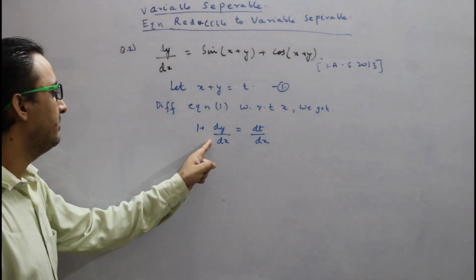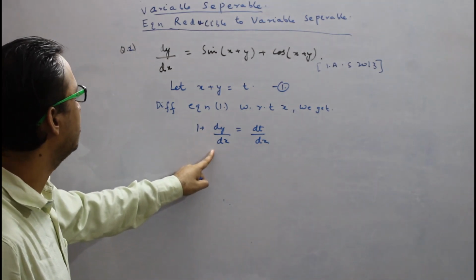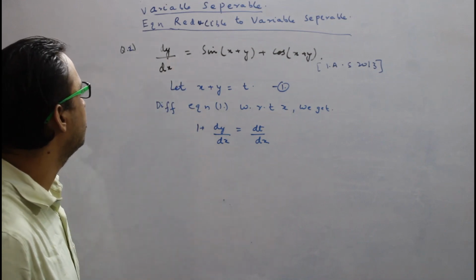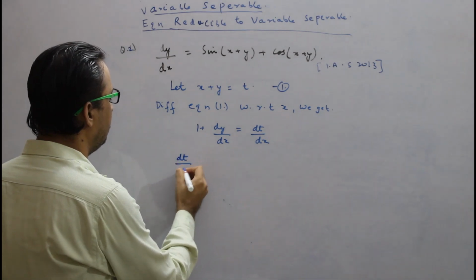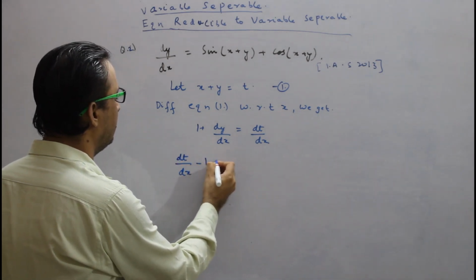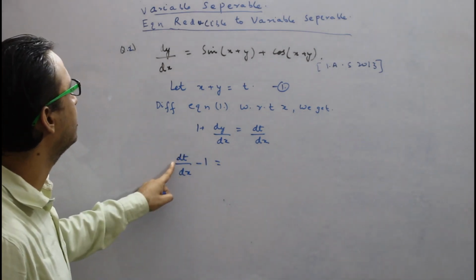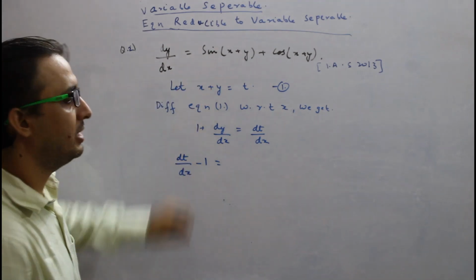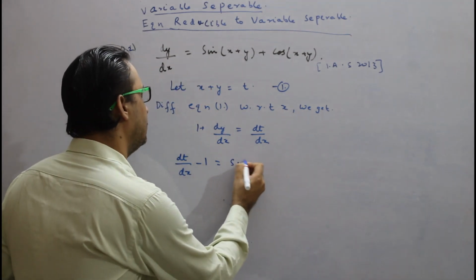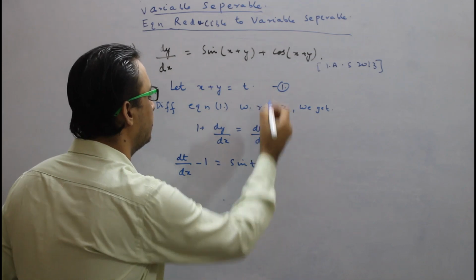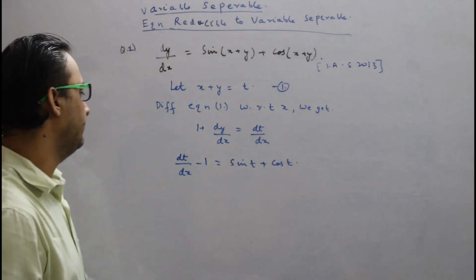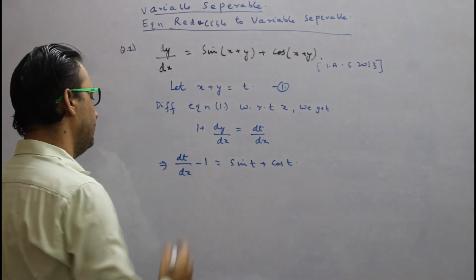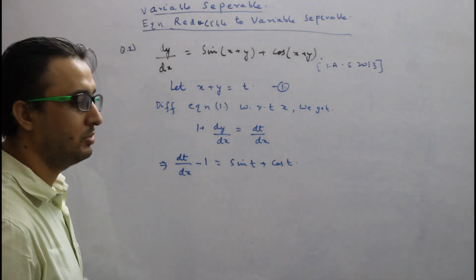So now I will put the value of dy by dx over here. So this becomes dt by dx minus 1. This is the value of dy by dx. And in place of the RHS we can write sine of t plus cos of t. Okay, so we have put the substitution.